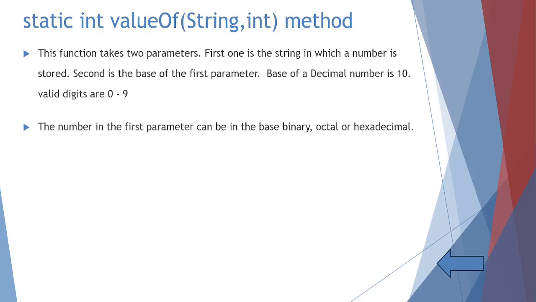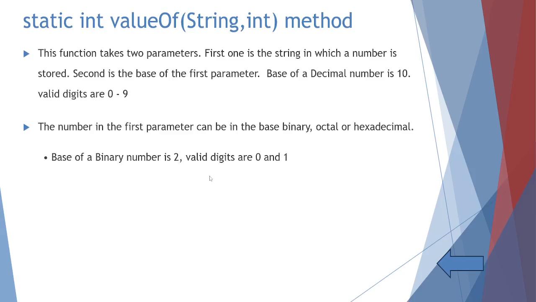The number in the first parameter in this method can be of base binary, octal or hexadecimal, not decimal. For decimal 45, the previous valueOf(String) method converts it into 45. Whereas if the number in the first parameter's base is binary or octal or hexadecimal, then we go for the second valueOf method.